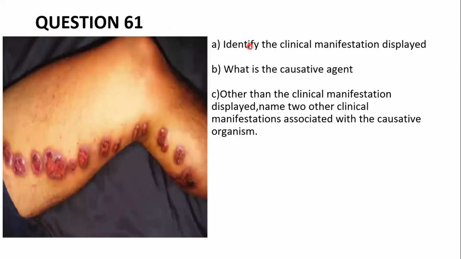What is the causative organism? Rose Gardner's disease, very good. Sporothrix schenckii, very good. Do you know why it's called Rose Gardner's?